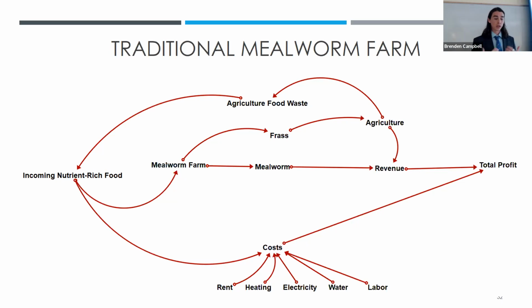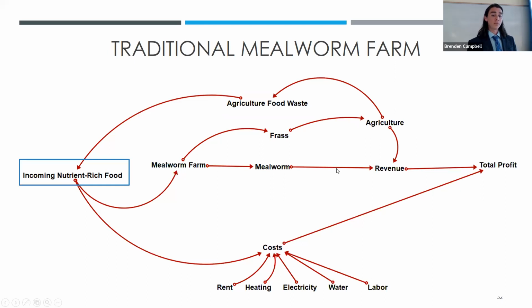I'm going to walk us through each step of this. So we have incoming nutrient-rich food, which goes into the mealworm farm. Mealworms we then know produce frass. Frass can be used as a fertilizer for agriculture. We can then take agricultural food waste, which many insect farms and mealworm farms are starting to incorporate more, back into the mealworm farm as a nutrient-rich food.